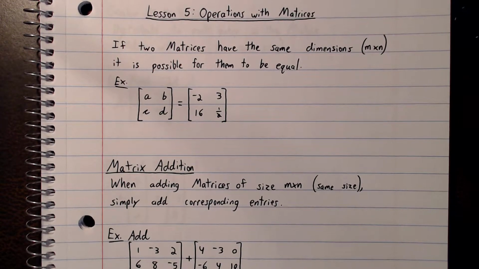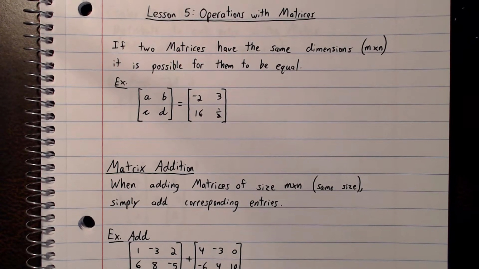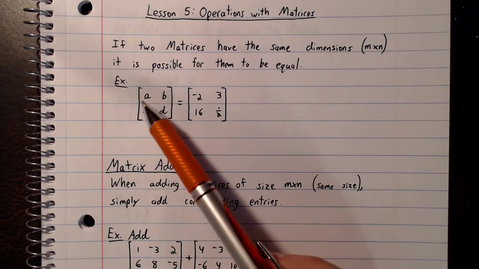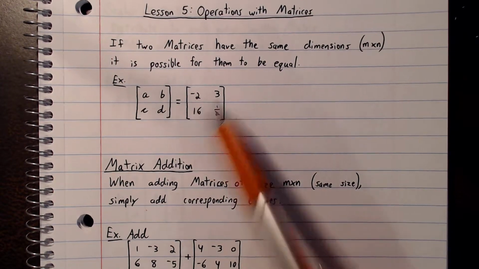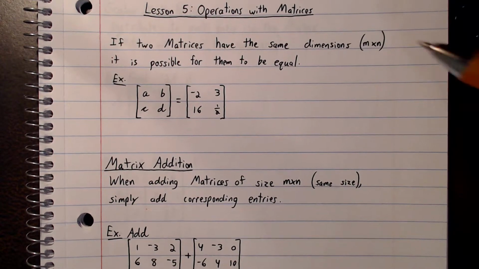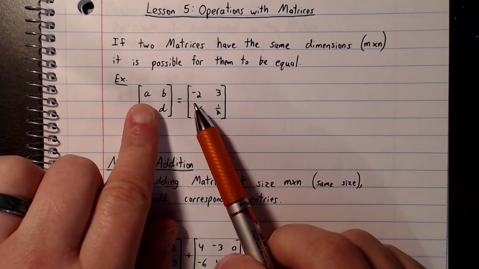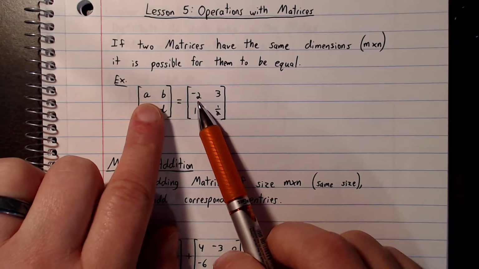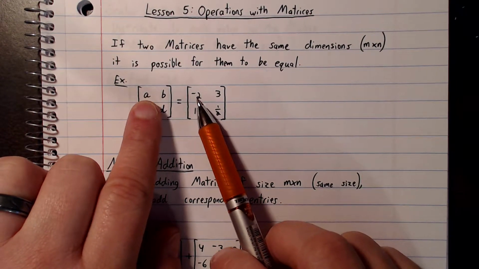So it's telling us that if two matrices have the same dimensions, m by n, it's possible for them to be equal. In our first example, we have a 2 by 2 and a 2 by 2, so we can consider them to be possibly equal. What we'd be looking for is that each entry in the same corresponding position is considered equal.